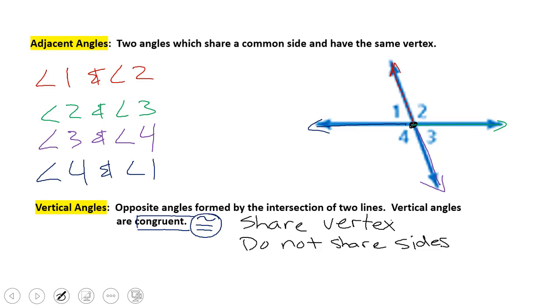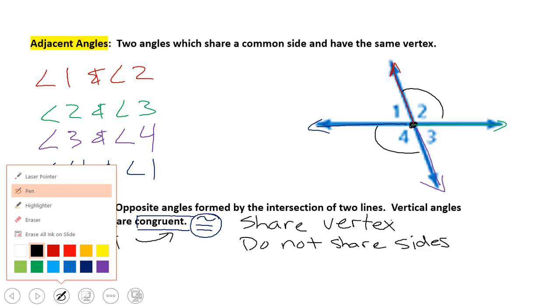So, taking a look up here, I'm going to take my marker and put a mark in these opposite angles, 2 and 4. So those two angles are vertical. They share the black vertex and they do not share a side. So angle 2 and angle 4 are vertical, which means they are congruent.